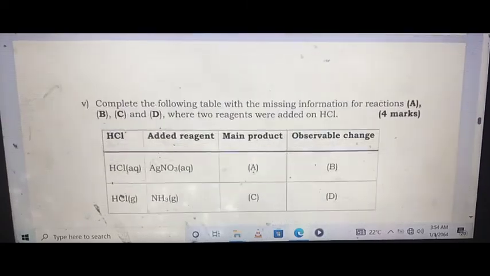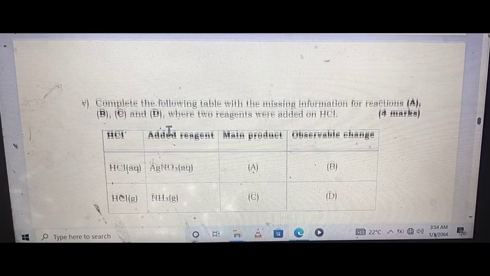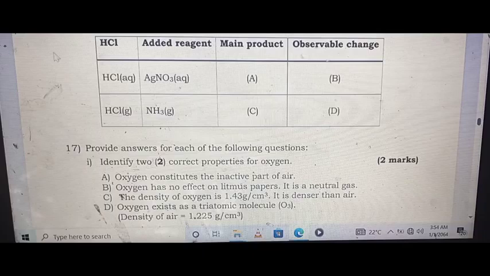V. Complete the following table with missing information for reactions A, B, C, and D, where 2 reagents were added on hydrochloric acid. We have hydrochloric acid, a reagent, main product, and observable change.